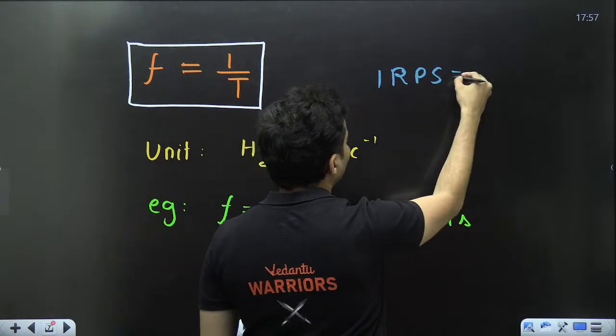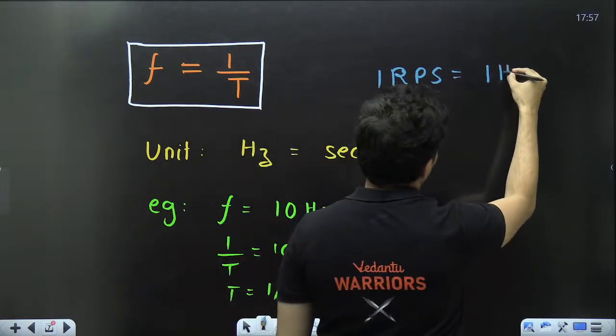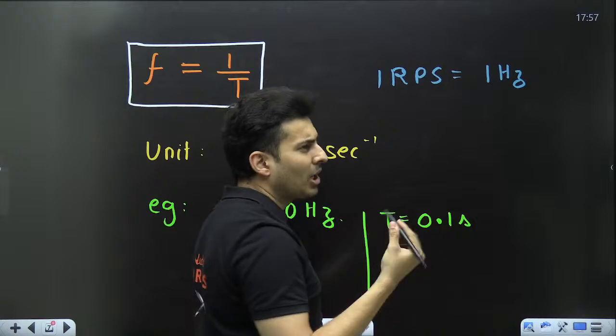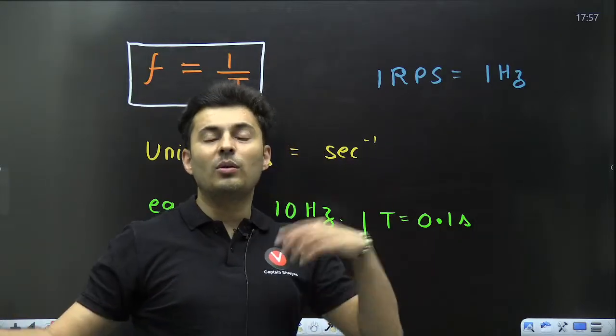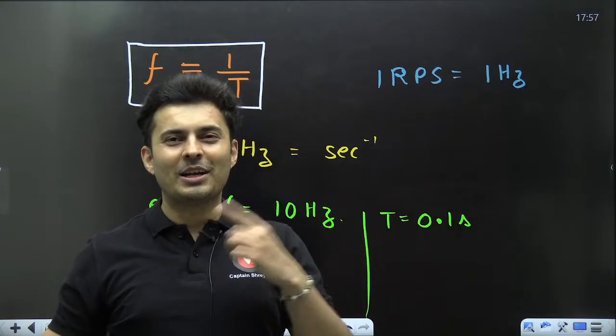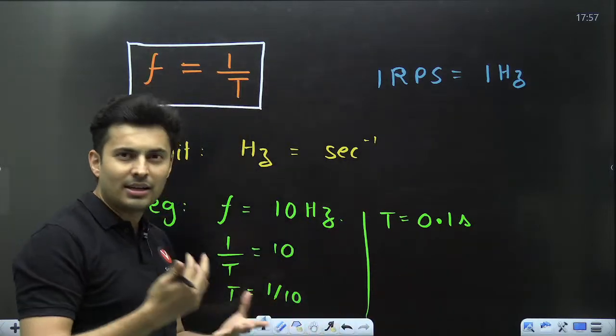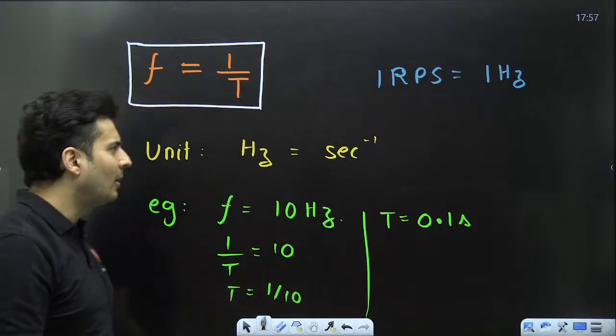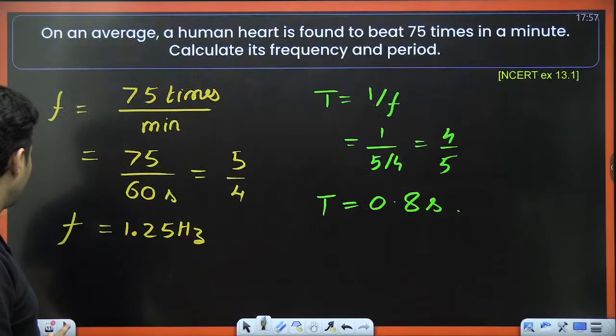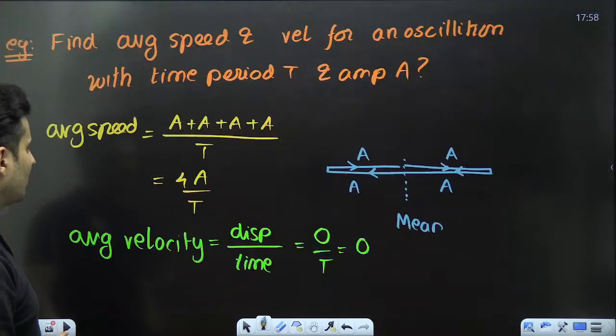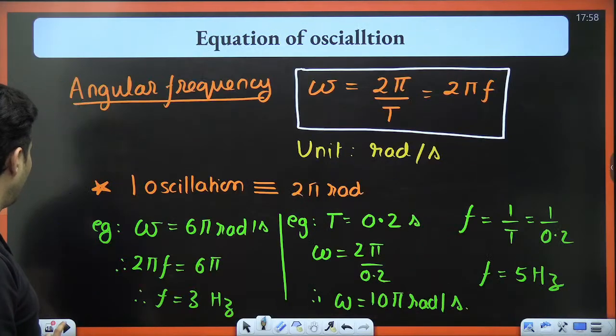So one round in 1 second is basically 1 hertz. But if you talk about RPM, it's how many rounds you are doing per minute, in 1 minute or 60 seconds. So you convert minutes into seconds, you will get rounds per second or hertz. Is that okay? Great. So now moving ahead.